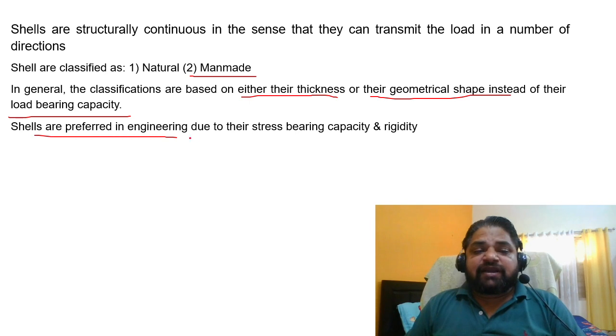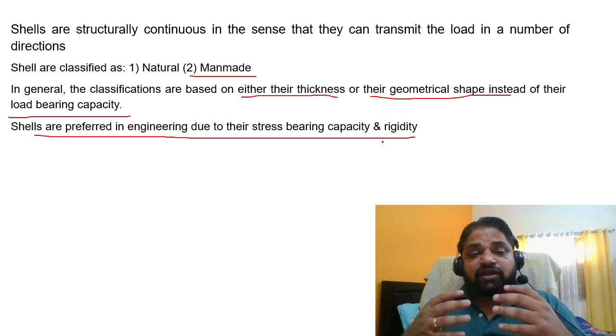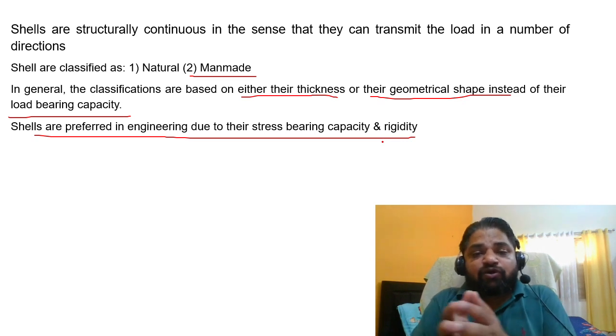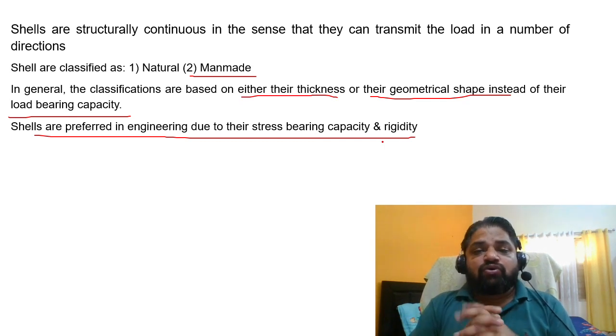Shells are preferred in engineering due to their stress behavior. If you have pointed out, I do not know about you people, if you have seen the early monuments, in our day to day life, as I said just now, I talked about a cooking gas cylinder.